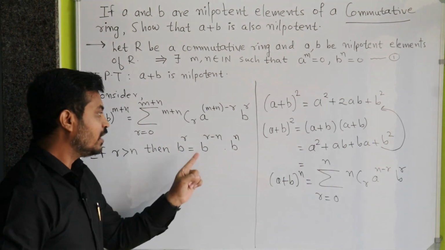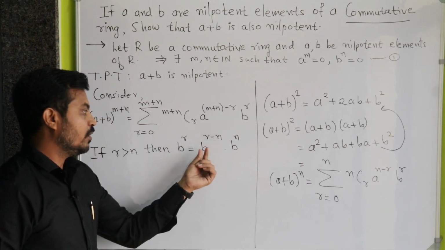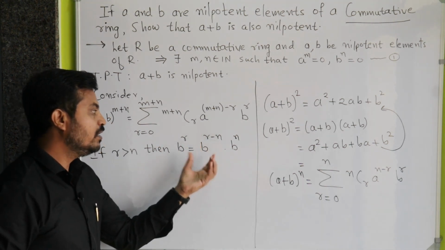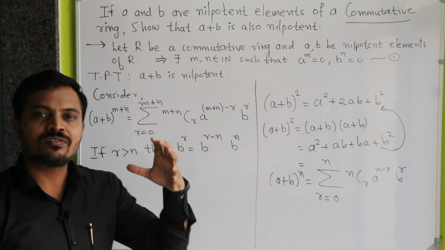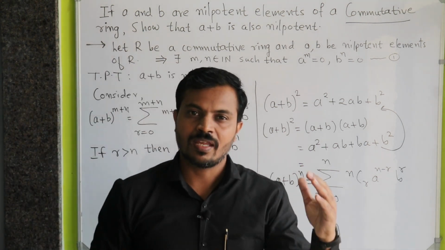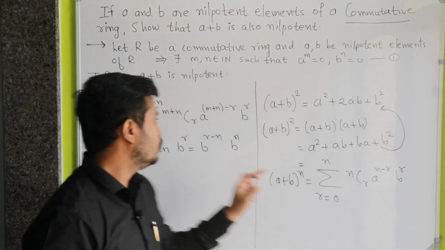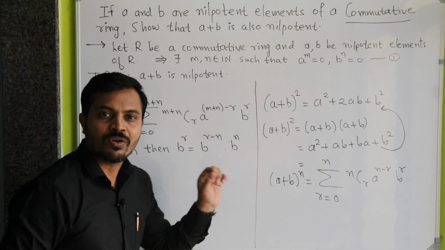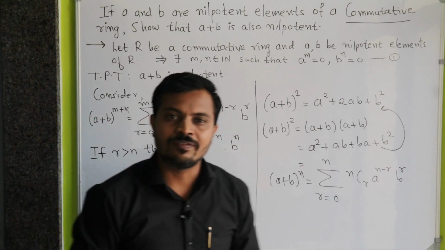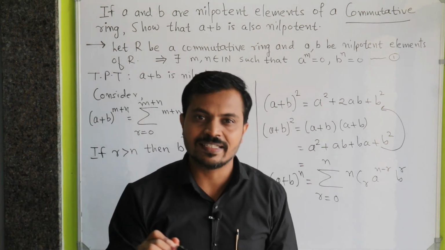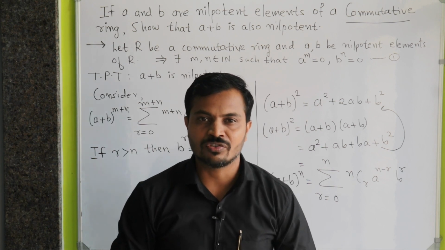But note that whenever we have an element raised to an integer in ring theory, that integer should be positive, because in ring theory we are not sure whether the inverse exists with respect to multiplication or not.